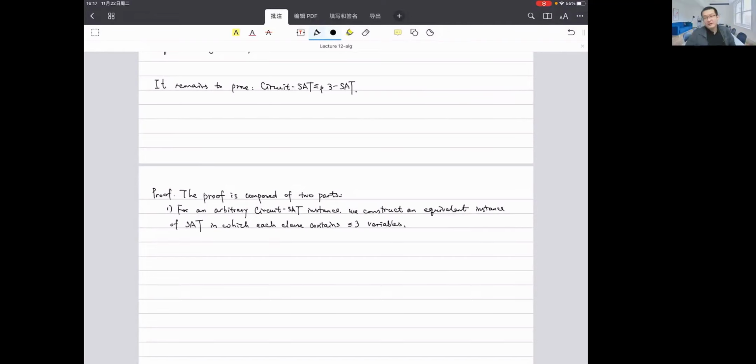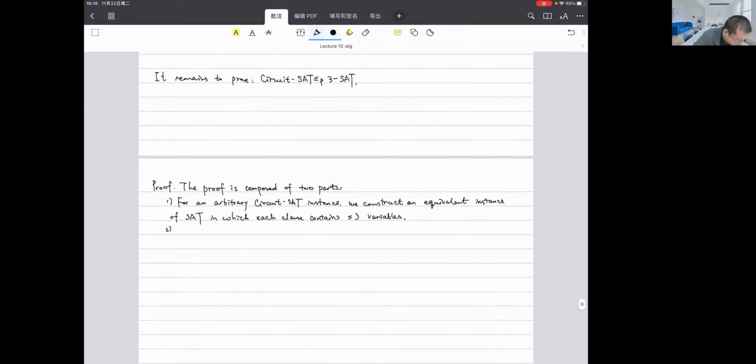So we will first make a reduction to a problem that is a little bit different from three-set. For the three-set, as we just mentioned, each clause is going to have exactly three variables. In this first reduction, we are okay that maybe some of the clauses have one or two variables, so at most three variables. We will first make a reduction to this.